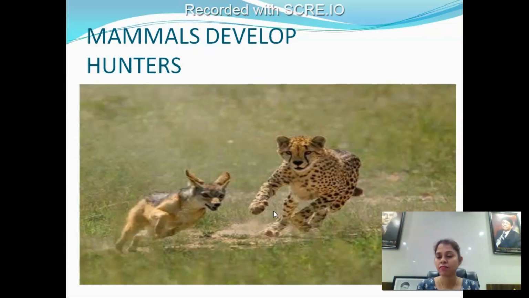Then mammals developed, hunters developed, prey and predator, that instinct came up. Just keep in mind, when these mammals developed, the hunters also developed. Before that, in the sepia fish also, that instinct of being killed, I have to defend myself.